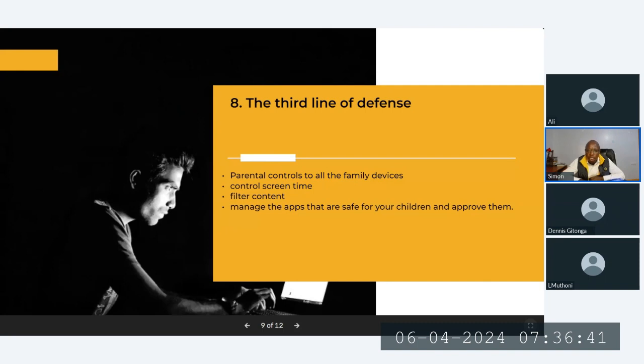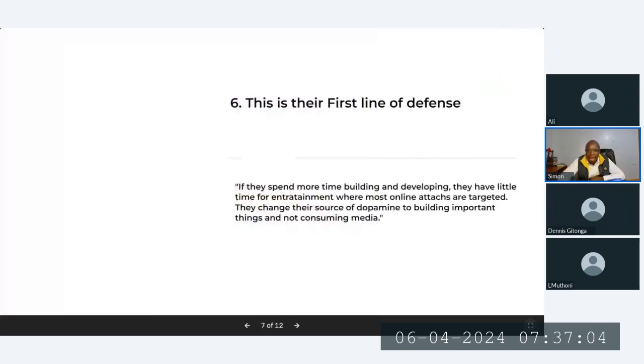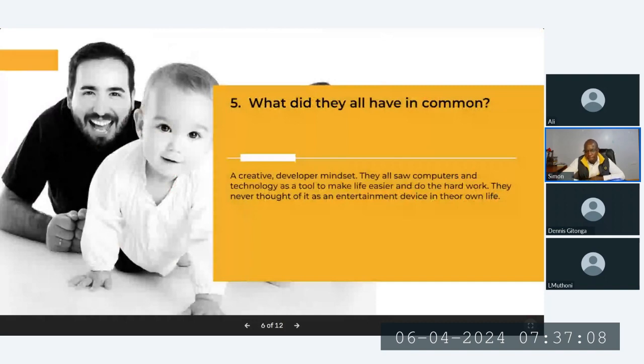And from there, we continue at least building one thing on top of each other, such that now we'll be telling you next time how you are going to actually put these parental controls and what programs are the best for these children and what other activities can your children do to actually activate their creativity and developer mindset.